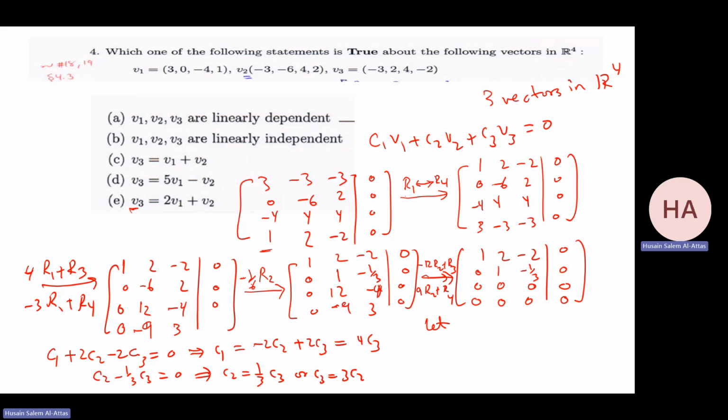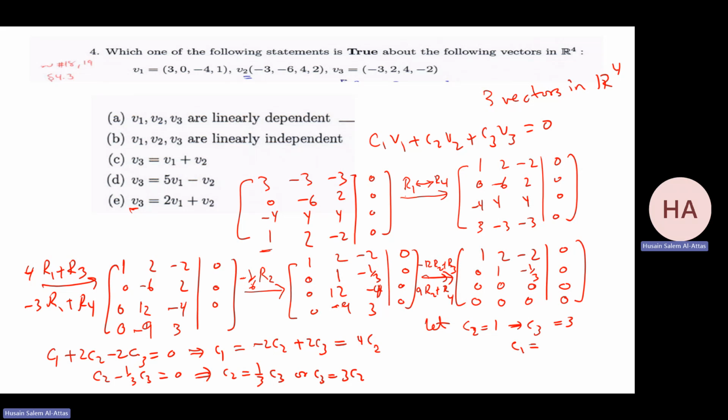And yeah, that will be very complicated. But C2 equals 1, C3 will be 3. And C1 will be, wait a minute, this is C2. I'm writing everything in terms of C2. Yeah, C3 equals 3 C2.